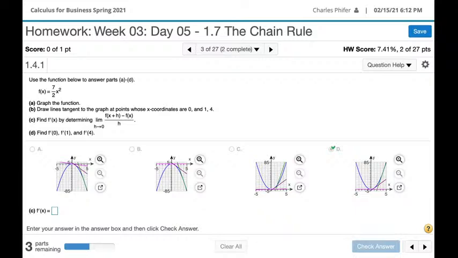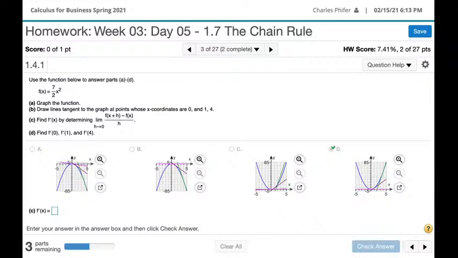All right, so let me take some notes. So this is question number 3. This comes from section 1.4, question number 1. Let me make this a little bit better. Okay, that looks good. We're given that f of x equals 7/2 times x squared. We did a and b, so then c asks us to find f prime.